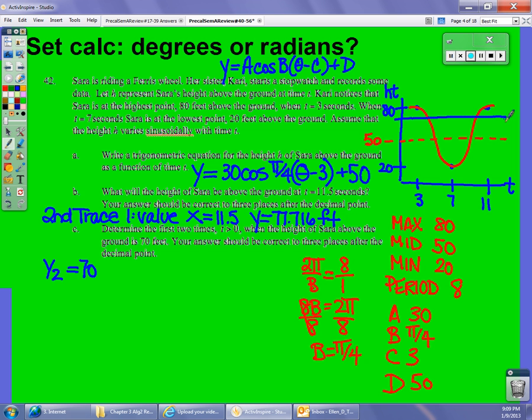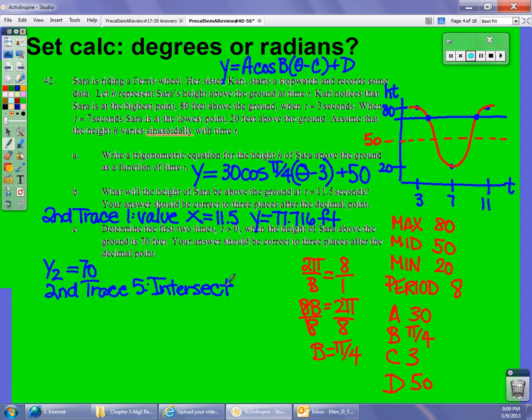Since it wants us to find the first 2 times, we'll be looking for these 2 points. Use second trace, number 5, intersect to find the intersection.